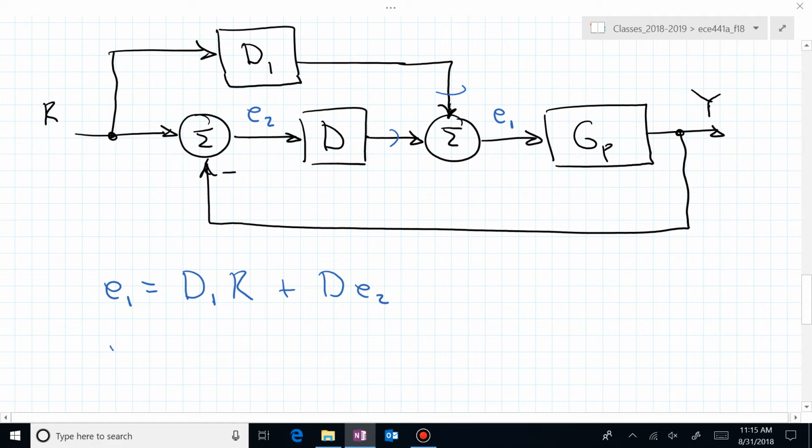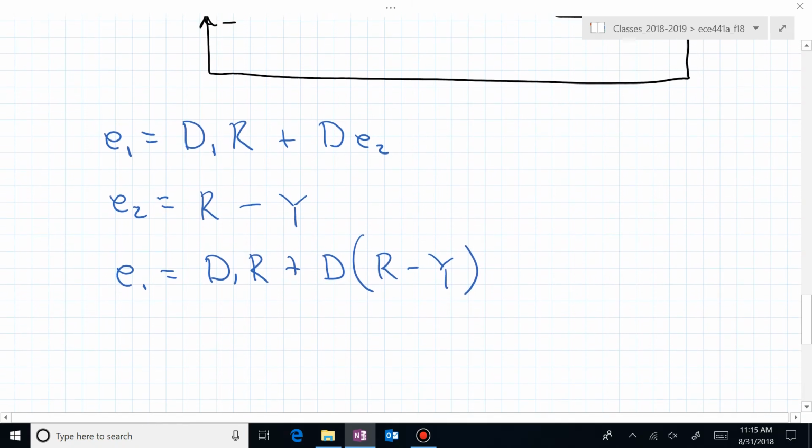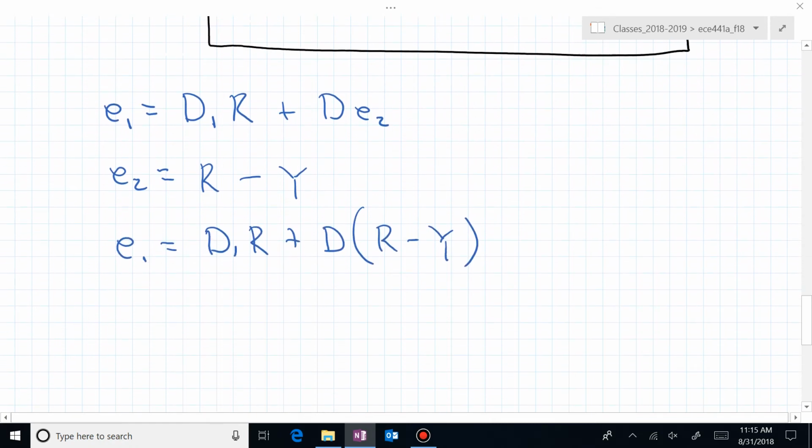Let's now find an expression for E sub 2, and that's simply R minus Y. We can use this E2 to get rid of the E2 in our first equation, and we have D1 R plus D times R minus Y. And we know that Y is equal to, from this block diagram, the way that we've labeled it, G sub P E1.